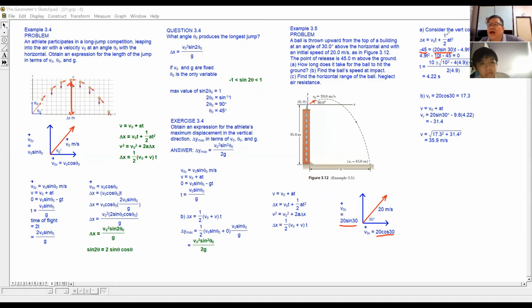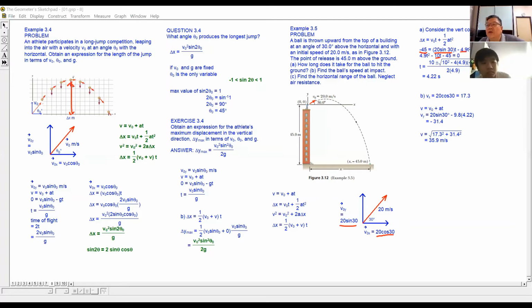So this half a t squared is half g, which is 4.9. So 4.9 t squared minus 10t minus 45, which is the vertical distance, equals 0.